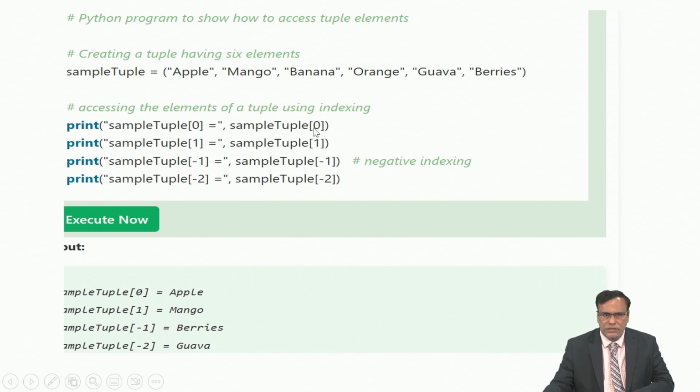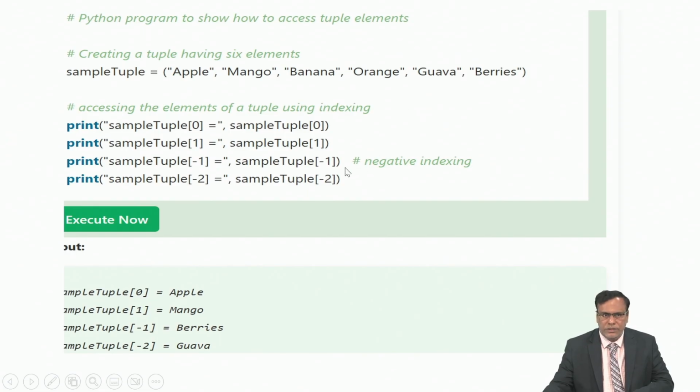So that is the reason the statement has displayed the value apple. In a similar fashion, in tuple 1, in position 1 there is mango. That is the reason it has displayed mango.